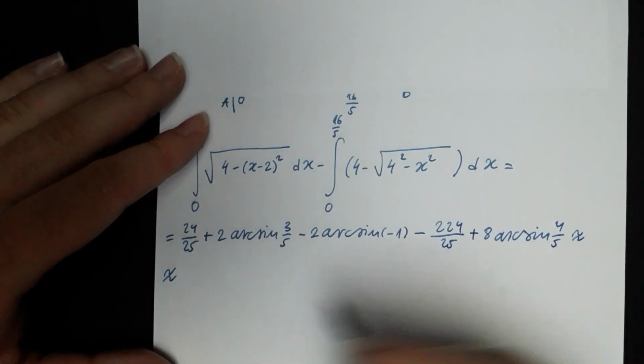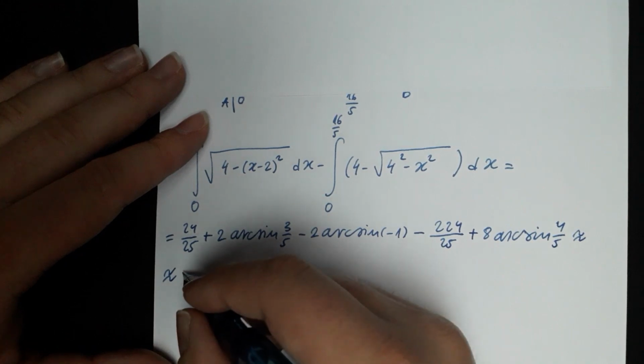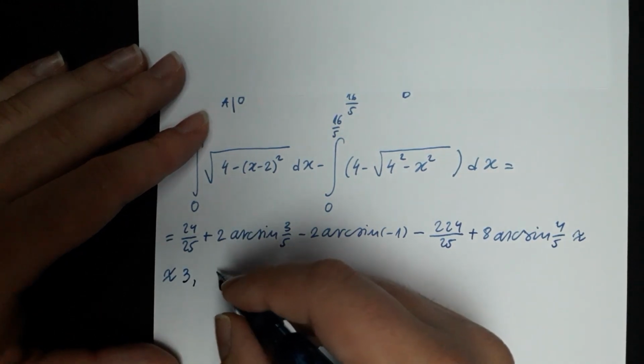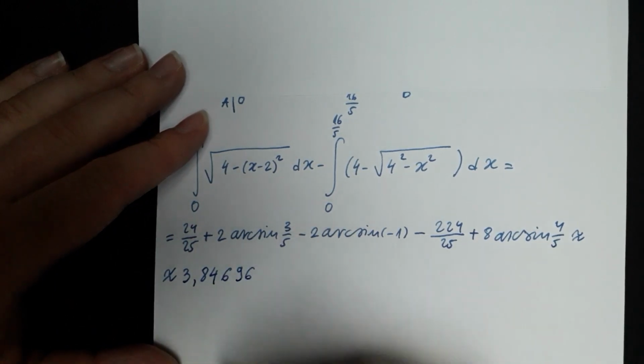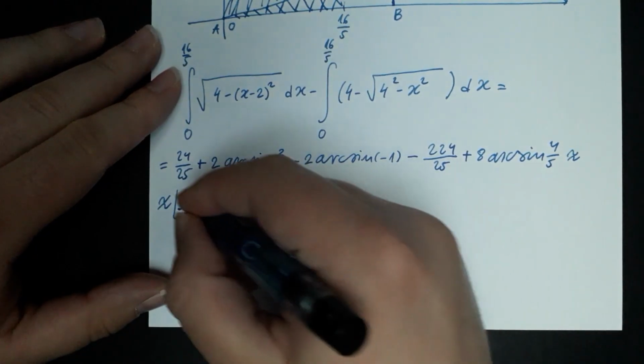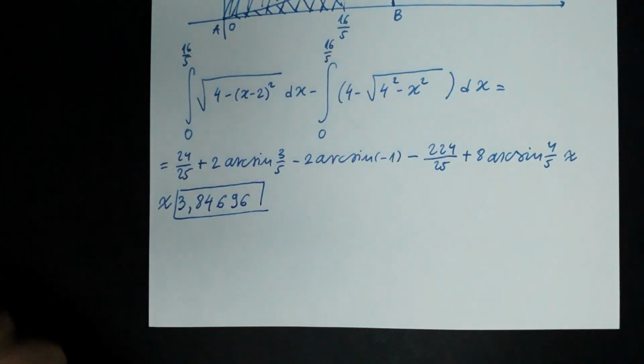And when we calculate all of this, it gives us the value of approximately 3.84696. So this number is the area of the overlap.